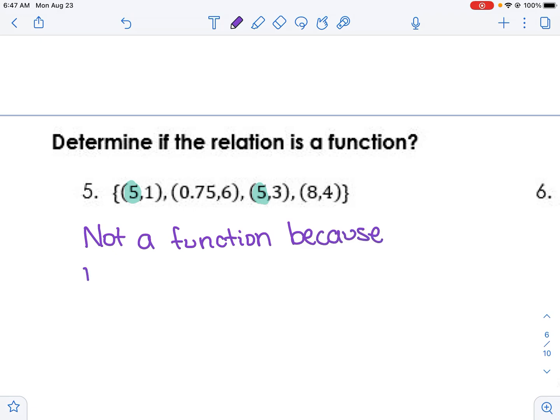Because the x value 5 goes to two different y values.